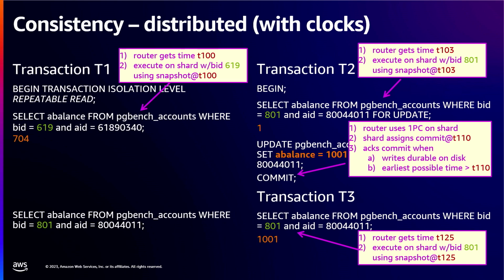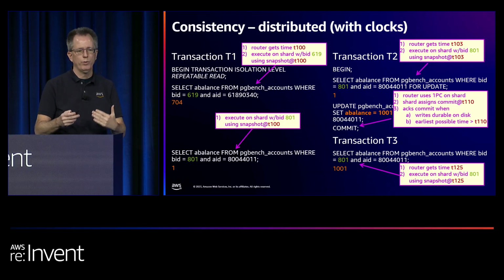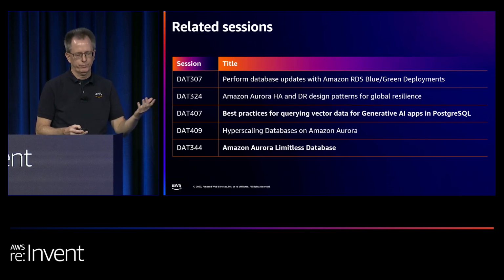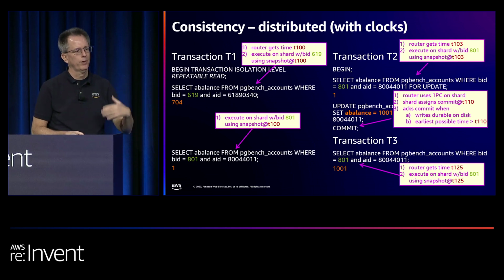And it does that same select of BID 801. This gets assigned T100, right? Because that's our snapshot time for that transaction. So it's going to go and do the same semantics we normally do with Postgres and say, what was the value of that thing at T100, which was 1? So we get the result we're expecting because we're using these clocks.